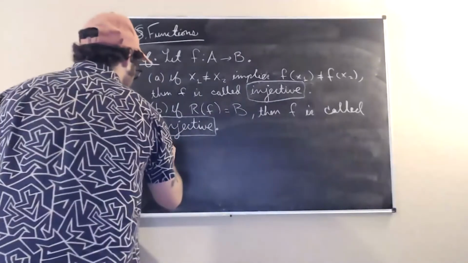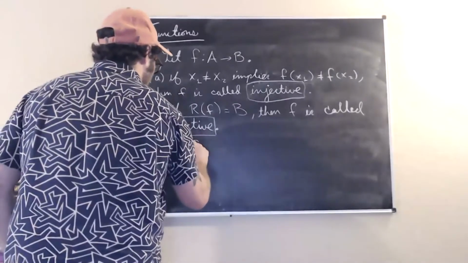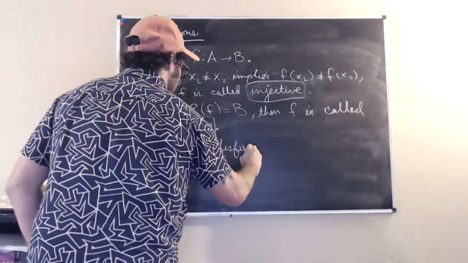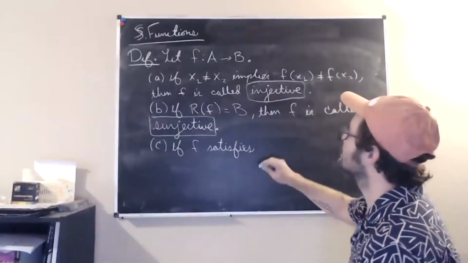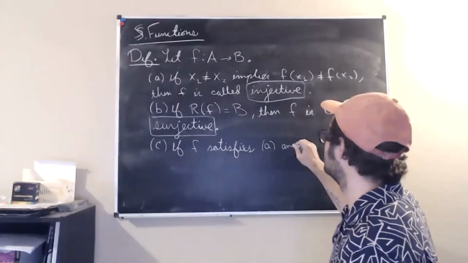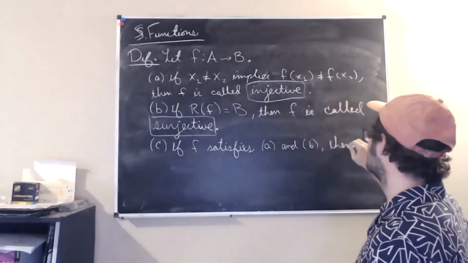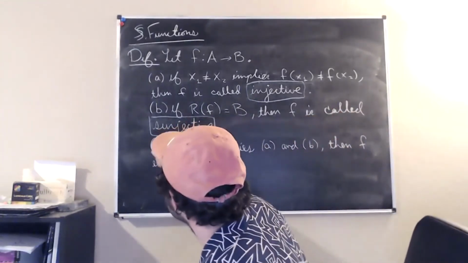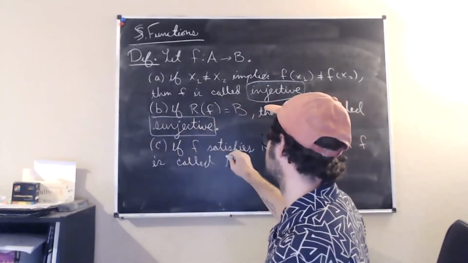In part C, if f satisfies A and B, then f is called bijective.